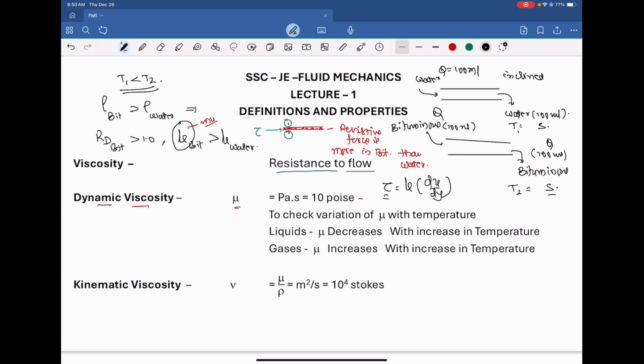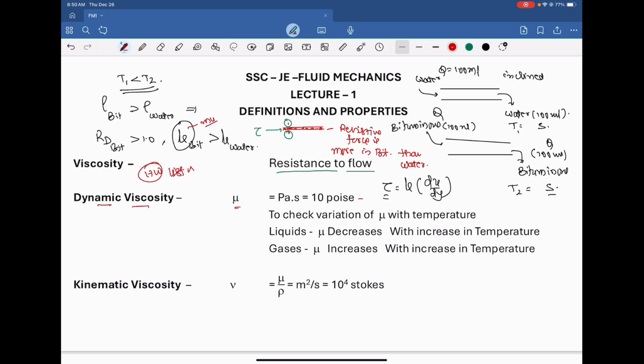Viscosity is resistance to flow. Shear stress means there will be more stress for the layer to move. Movement will not be that smooth, whereas in water, movement will be very smooth. As a homework, I want you, please do this homework for the benefit of all of you. Homework.